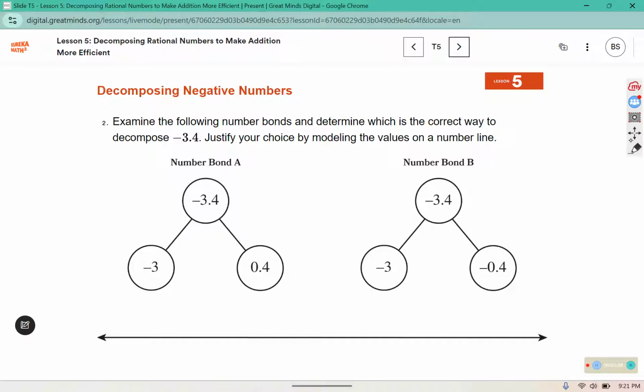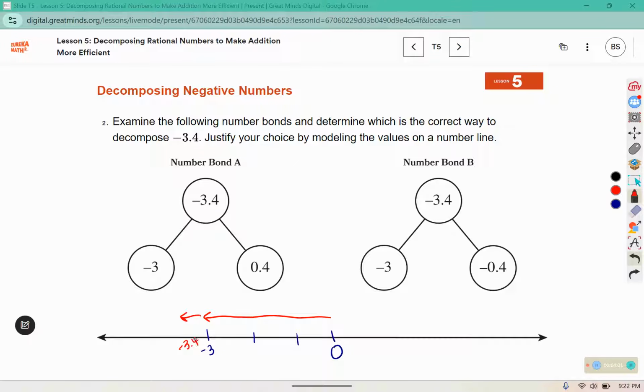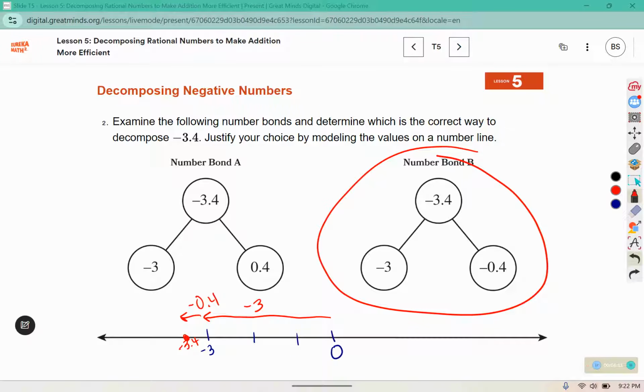Is negative 3.4 negative 3 and positive 0.4, or negative 3 and negative 0.4? Well, to get to negative 3.4 on the number line, we would start at 0 and go negative 3, and then continue 0.4 past that to get negative 3.4, which means to the left 3 and to the left 0.4. So B is the correct number bond.